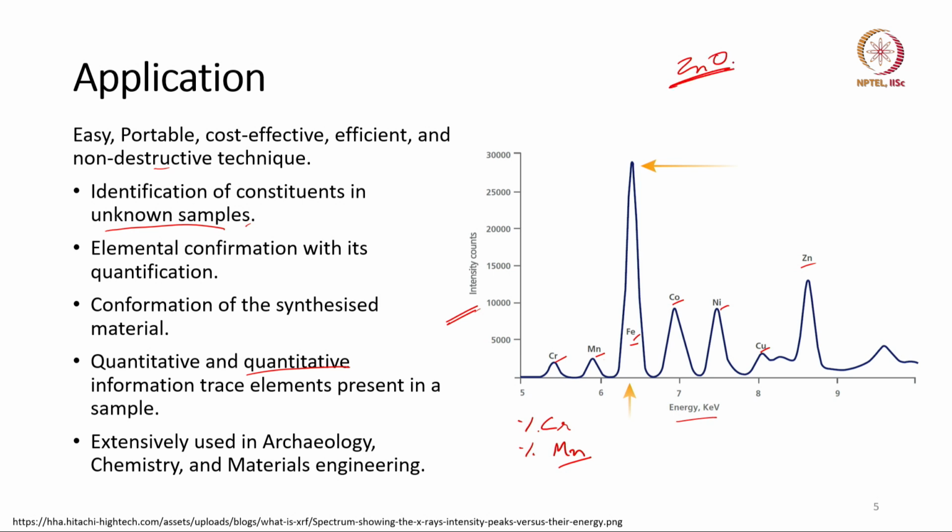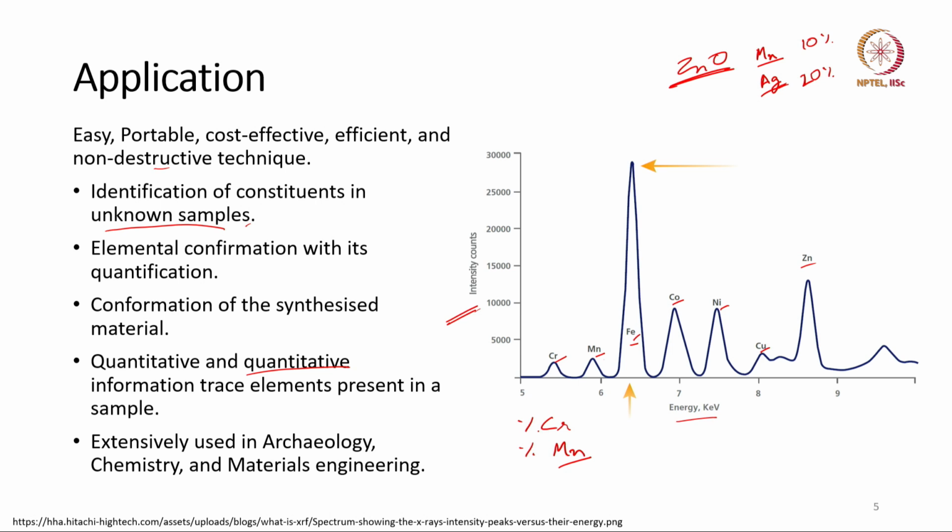Suppose we synthesize zinc oxide material and then we have used some dopants, like manganese or silver. Suppose we have doped it with 10% or 20% manganese and 20% silver, and we want to see whether our material has been successfully synthesized or not, and we also want to quantify whether the dopants that we have doped are of the correct order or not.